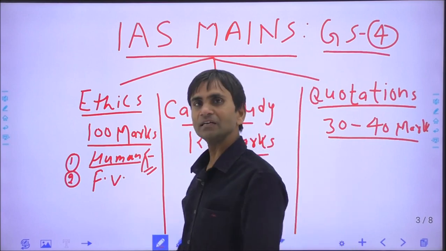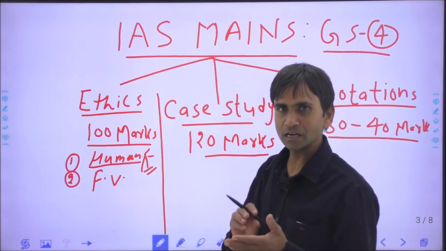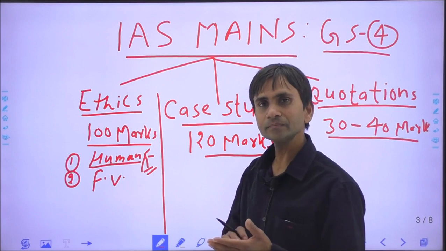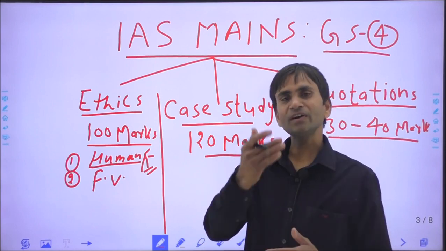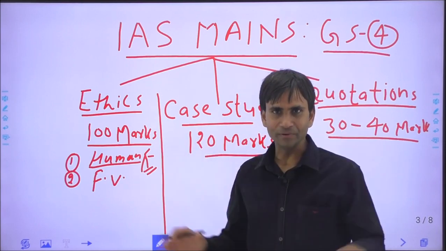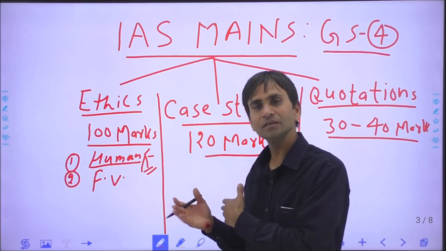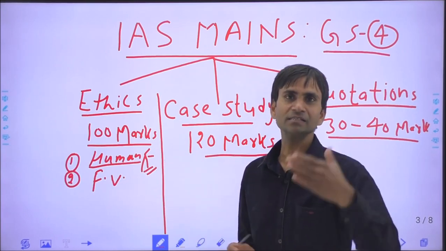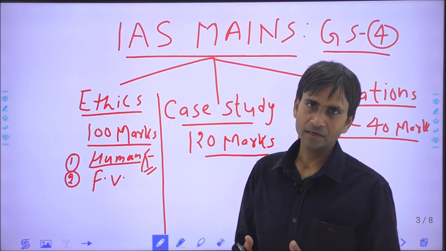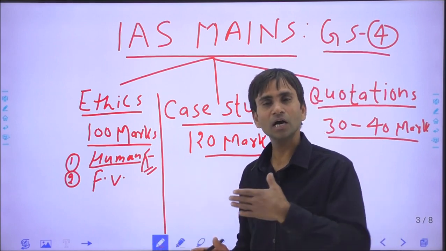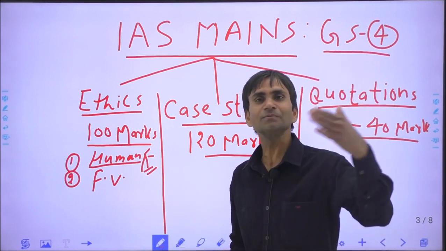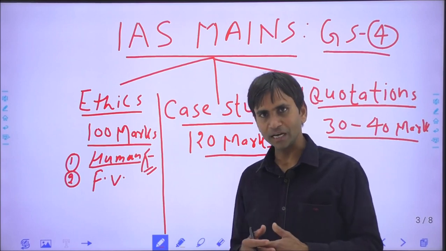There are some fundamental values of the civil services or public services, and through the fundamental values we can derive civil service values like commitment, perseverance, spirit of service, courage of conviction, accountability, responsibility, transparency, and many more.